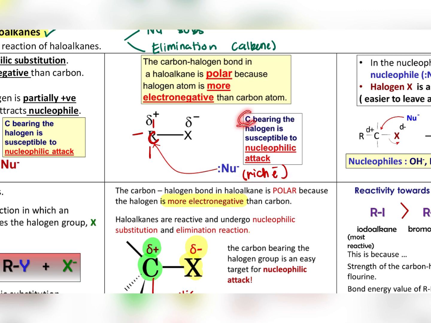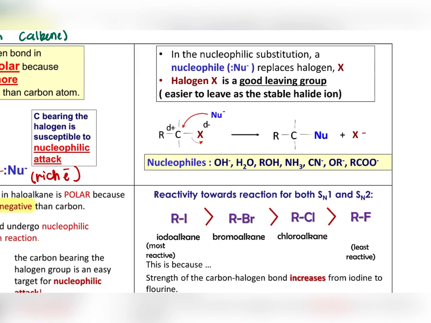Okay, so nucleophile, electron rich species, dia akan attack carbon. So which carbon? Carbon that directly bonded to halogen. Okay, dekat sini. Mesti syarat dia wajib directly bonded to halogen. Okay. Dalam nucleophilic substitution, okay, nucleophile akan ganti halogen. Okay, so you can see here, ini kamu punya haloalkane.